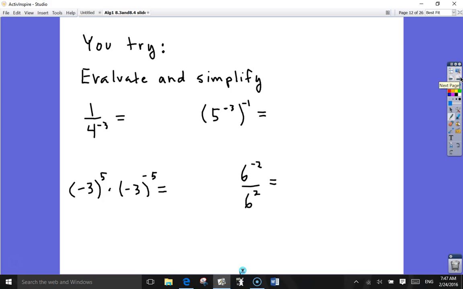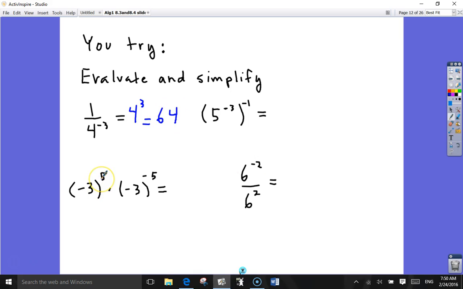So you try. There's 4 of them there. Try to evaluate and simplify using the properties. So what do you get for 1 over 4 to the negative 3? Should have been 64, right? First you flip it, and then you simplify, 64.